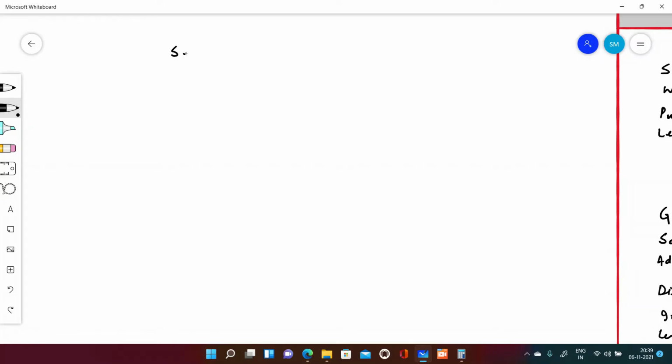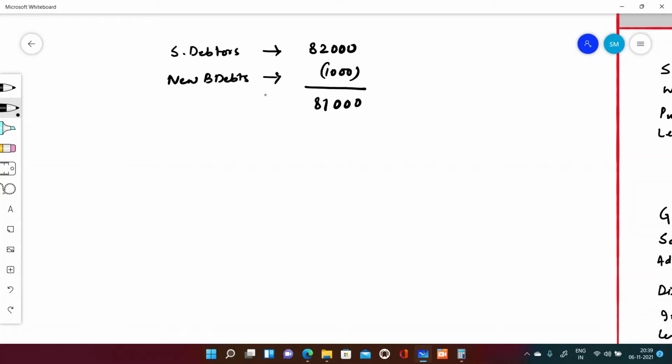so we know that we have to calculate bad debts based on sundry debtors. So now at present we have sundry debtors in our transaction, it is showing as 82,000. Now new bad debts emerged as 1000, so we will deduct this 1000 from your 82,000. So now 81,000 is the sundry debtors.